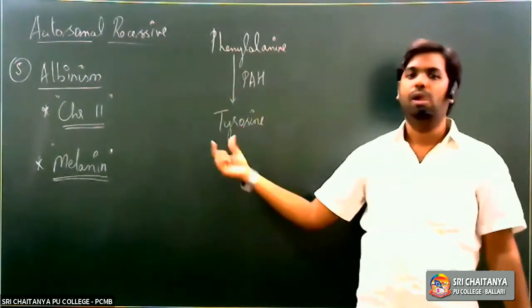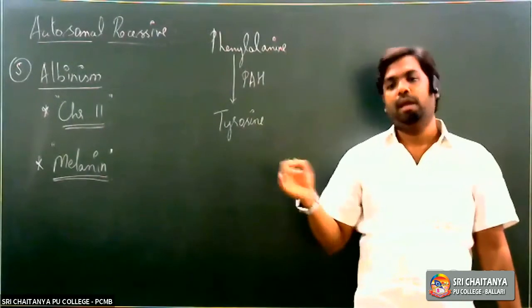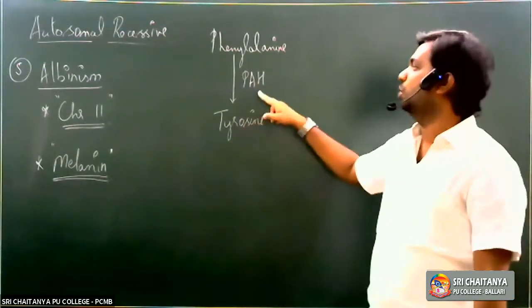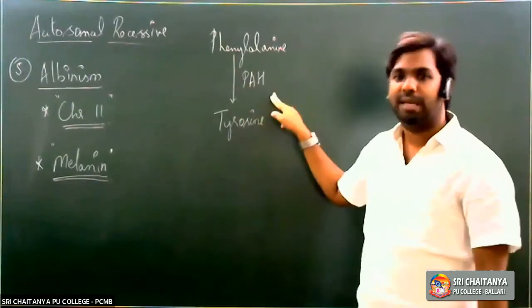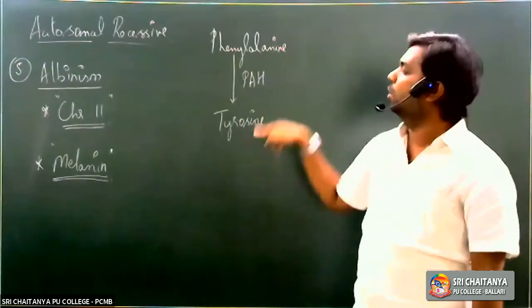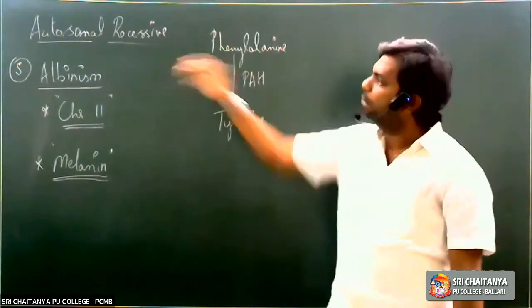This is what we saw in the previous session when discussing phenylketonuria. In phenylketonuria, what did we say? There is a mutation in the gene responsible for synthesizing PAH, as a result of which phenylalanine is not getting converted to tyrosine. That was phenylketonuria. Now we are talking about albinism.